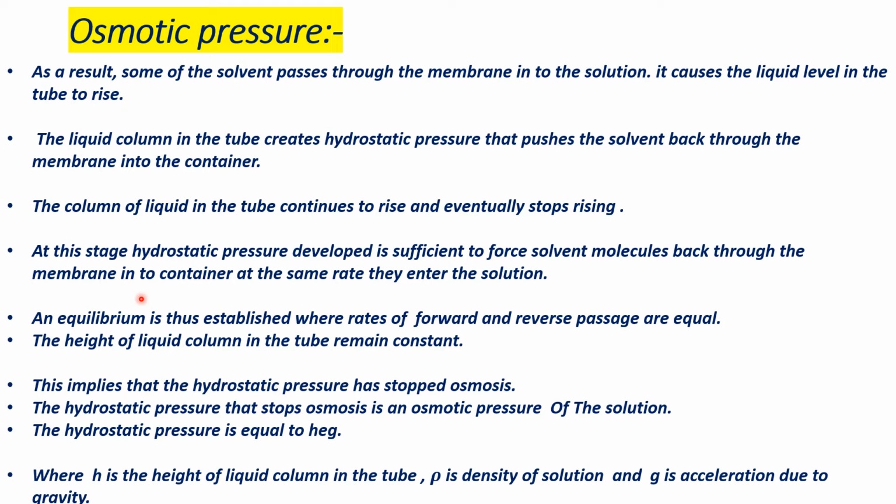The hydrostatic pressure that stops osmosis is the osmotic pressure of the solution. The hydrostatic pressure is equal to h rho g, where h is the height of the liquid column in the tube, rho is the density of the solution, and g is the acceleration due to gravity.